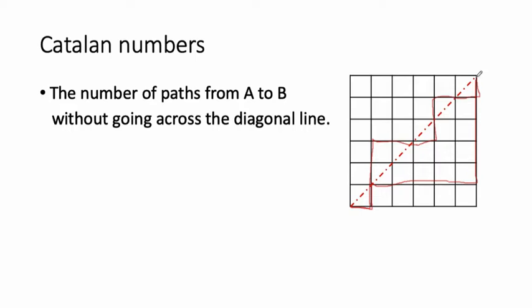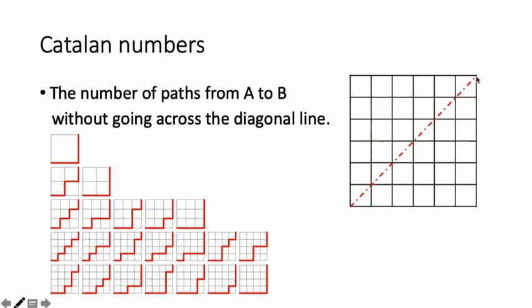You can also see this by using pictures from Wikipedia. In this picture, it draws all kinds of the possible routes in different scenarios, like a square with an edge of 1, 2, 3, and 4. The way we count how many paths there are is by using this function.